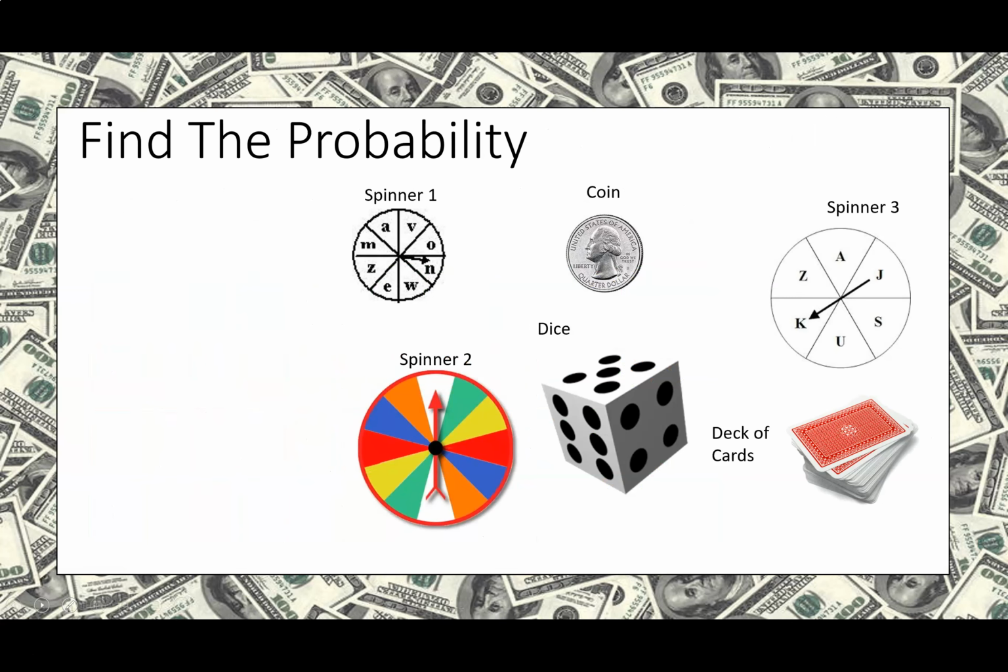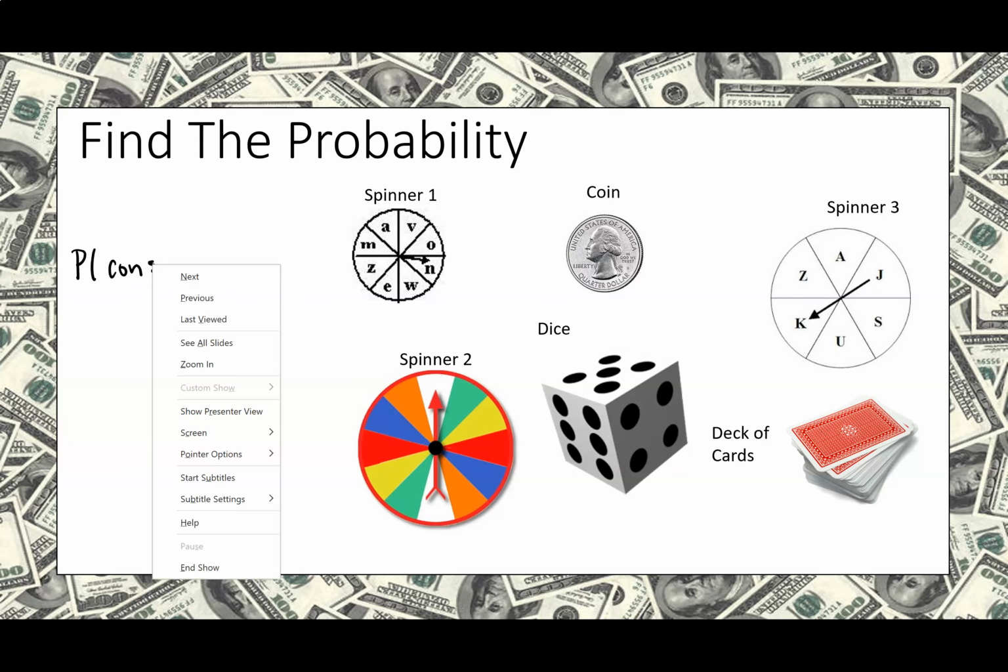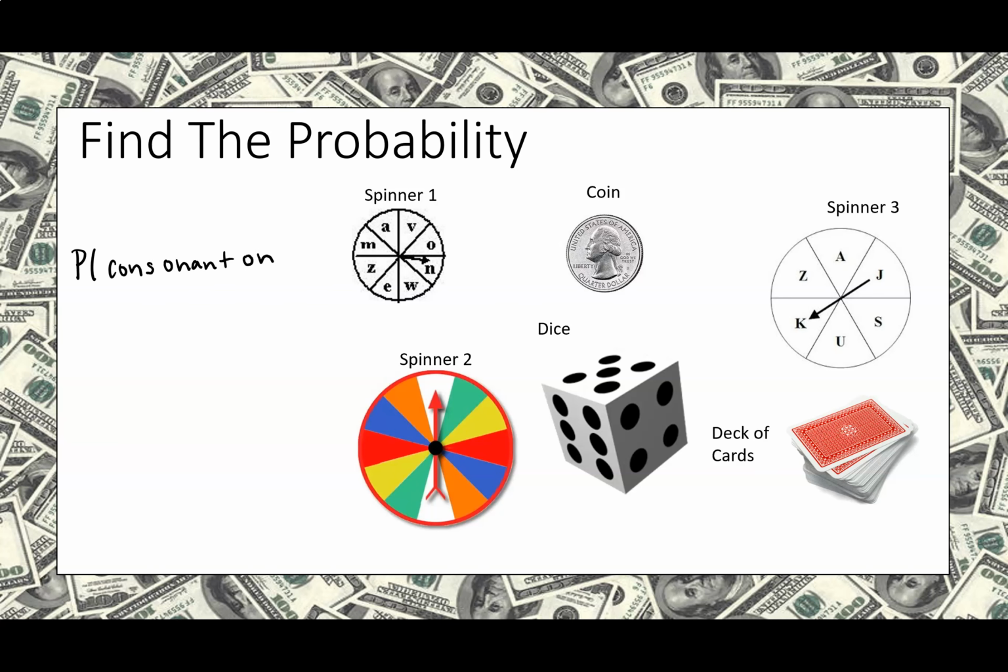All right, let's do a few more. So let's find the probability of spinning a consonant. It's a hard word to spell. On spinner 1, and then a 4 on a die, and then a black card.